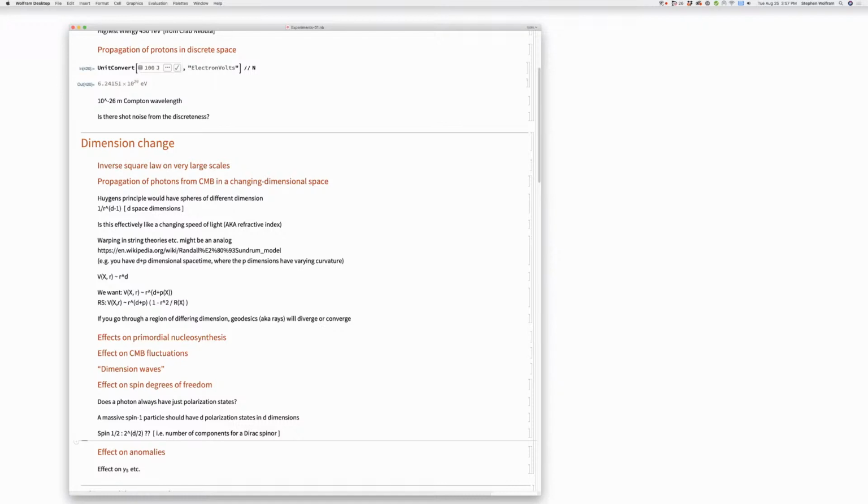It's an interesting claim that the Stefan-Boltzmann constant depends on the polarization degrees of freedom.